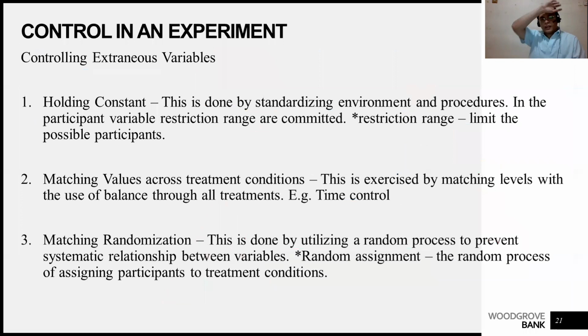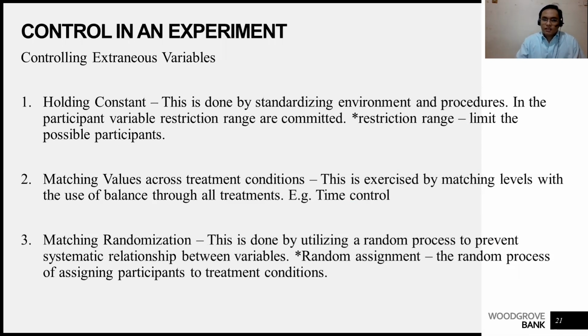In controlling an experiment, there are different techniques to control the extraneous and the confounding variables. One, holding constant. This is done by standardizing the environment and procedures, and in the participant variable, restricted range.